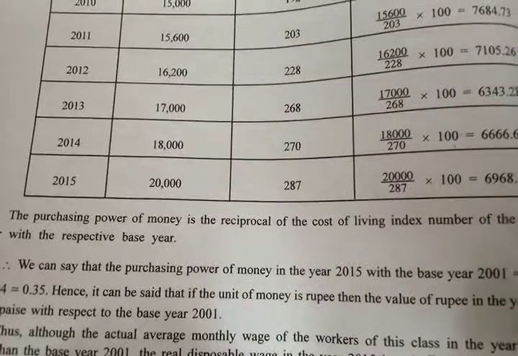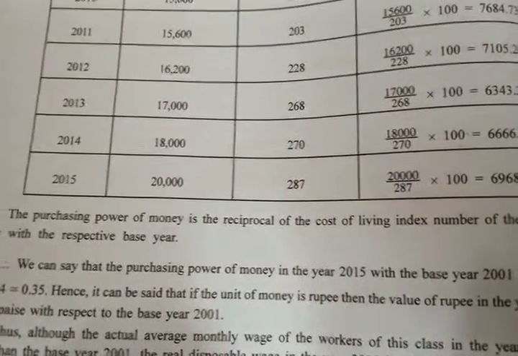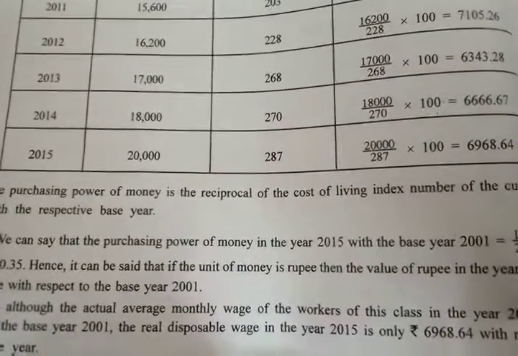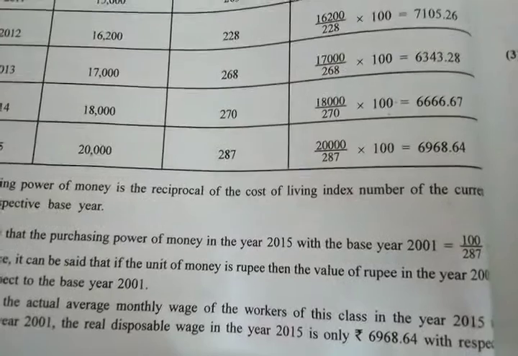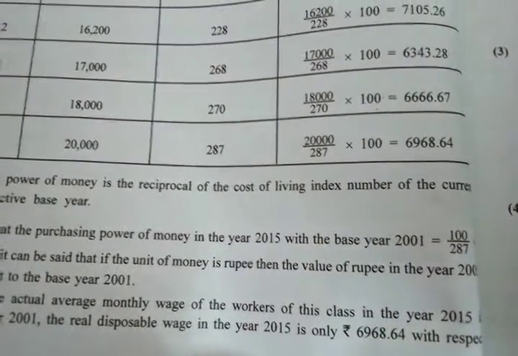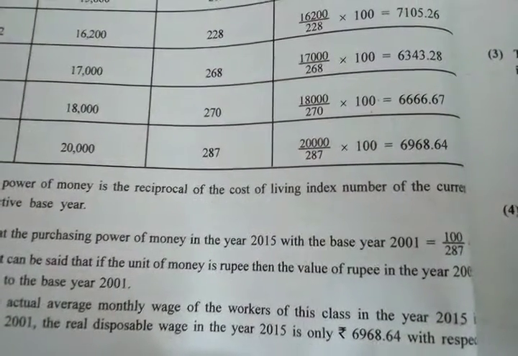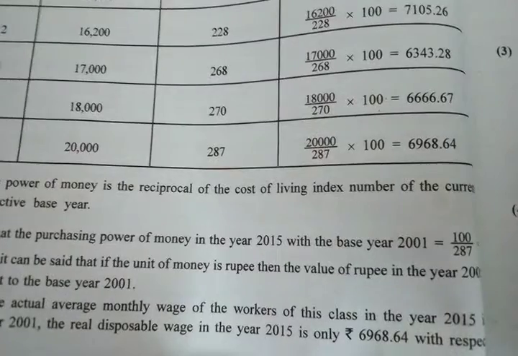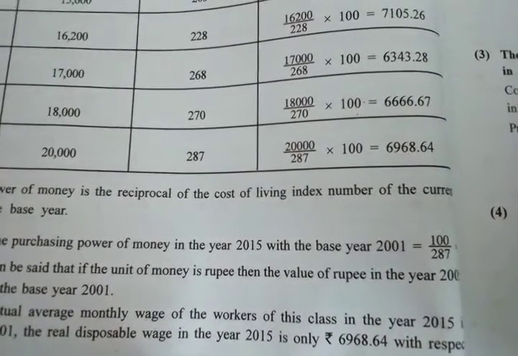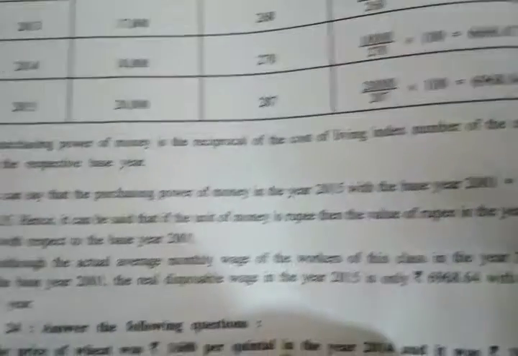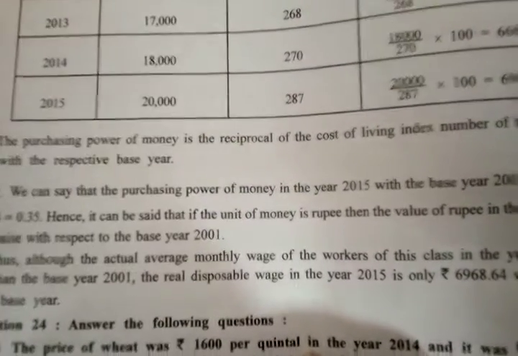So we can say that the purchasing power of money in the year 2015 with the base year 2001 is 100 upon 287. That means the formula is 1 upon cost of living index number into 100. So it is 1 into 100, 100 upon 287. Hence, the answer is 0.35.